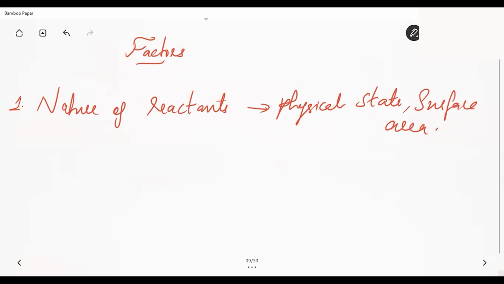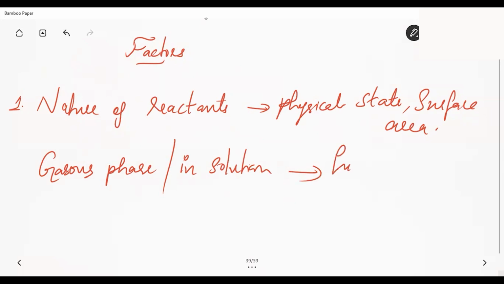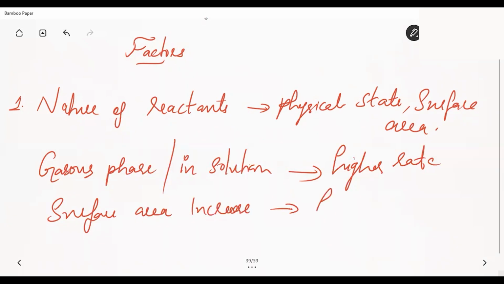If the reactants are in gaseous phase or in solution, the rate of the reaction is higher. And if the surface area increases, the reaction rate also increases. So the physical state, the surface area, and the chemical nature of the reactant all affect the rate of the chemical reaction.